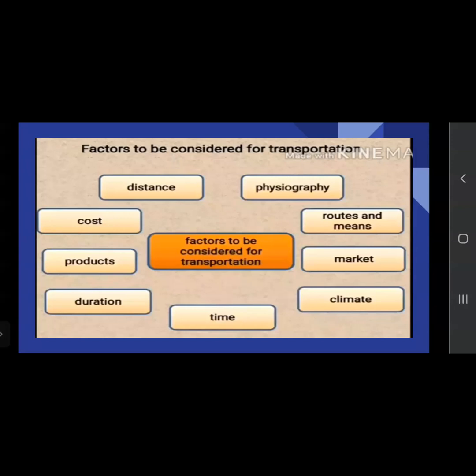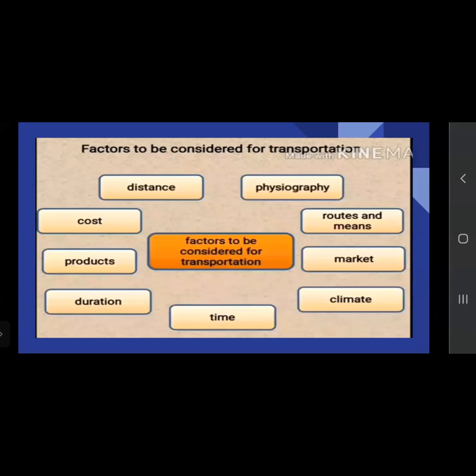Then routes and means: how many routes are there, and which mode of transportation is available over there. Then the market, whether the marketplace is nearby or far away. Then the climate of that particular region, this is very important. Then the time required, how much time is required for that. Then duration.